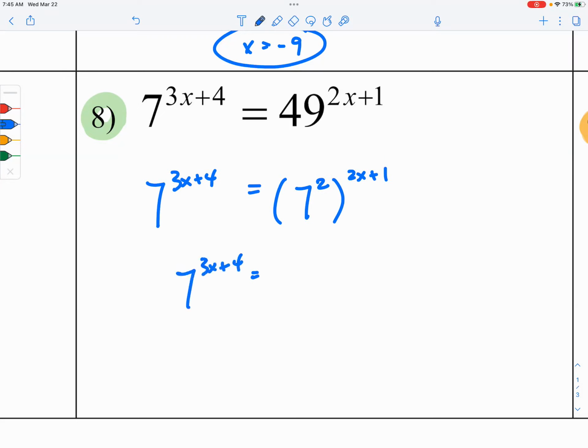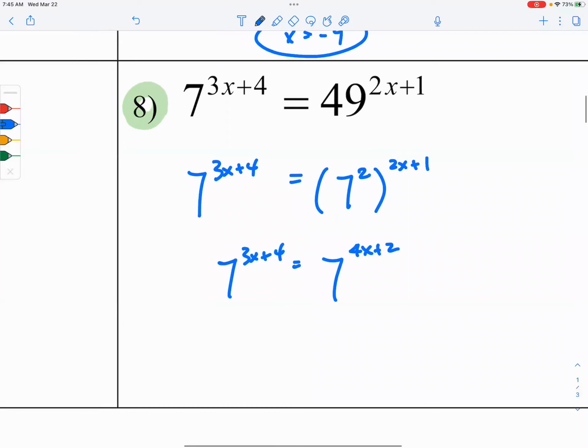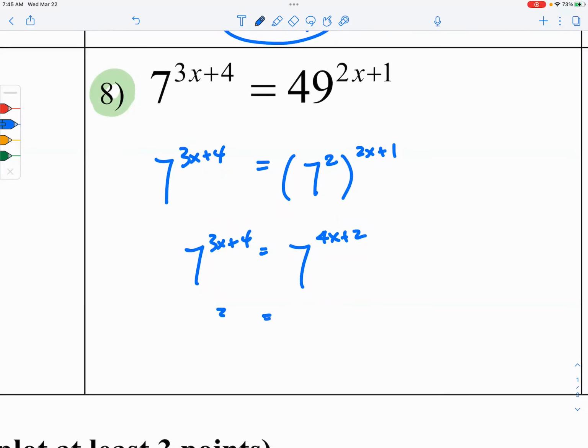I should write this instead. 7 to the 4x plus 2 power. Okay. And then you can set the exponents equal to each other, and x would equal 2.